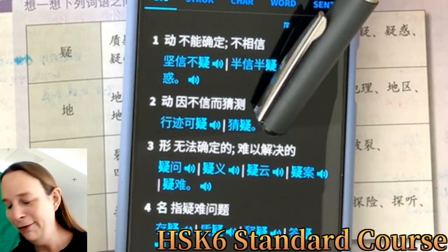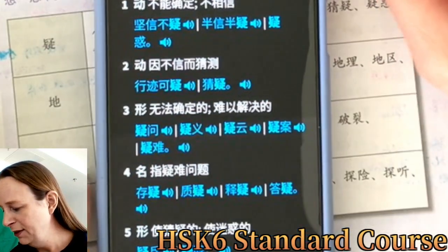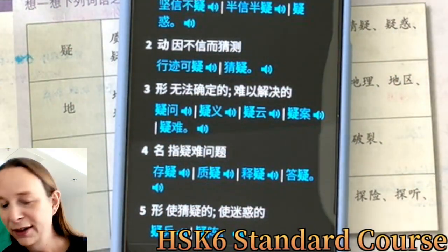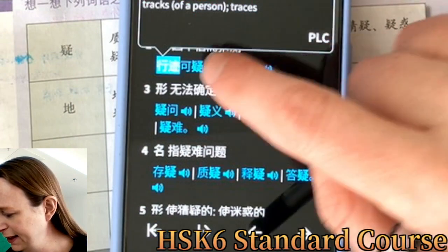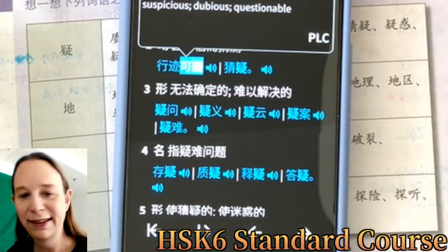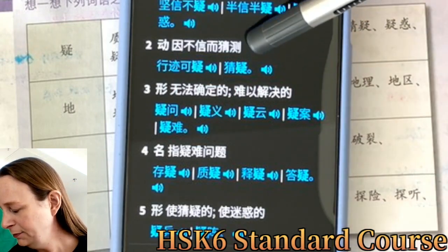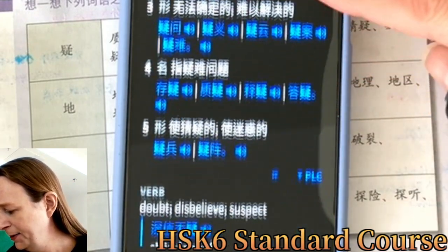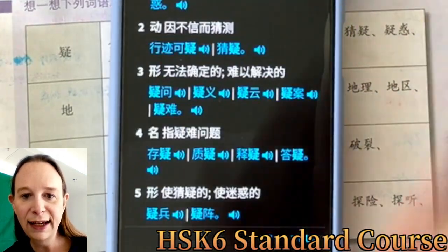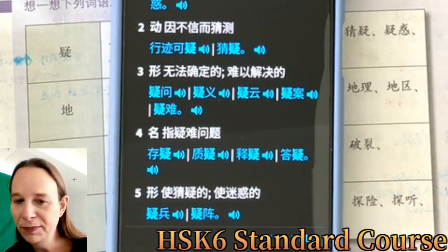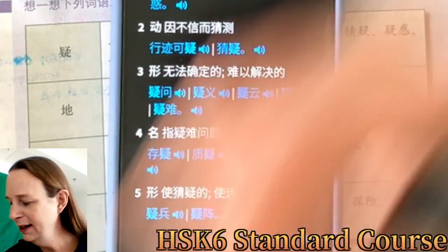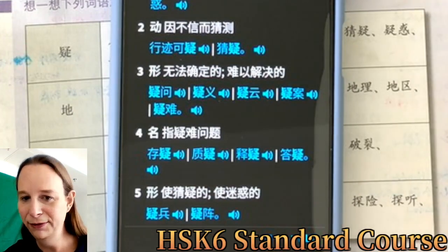Oh, this is doubtful or dubious. Whoops. 行迹可疑 dubious. 行迹 traces 可疑 dubious. Yeah. All right. 那个呢，无法确定的，难以解决的。So, unable to be confirmed or hard to resolve.